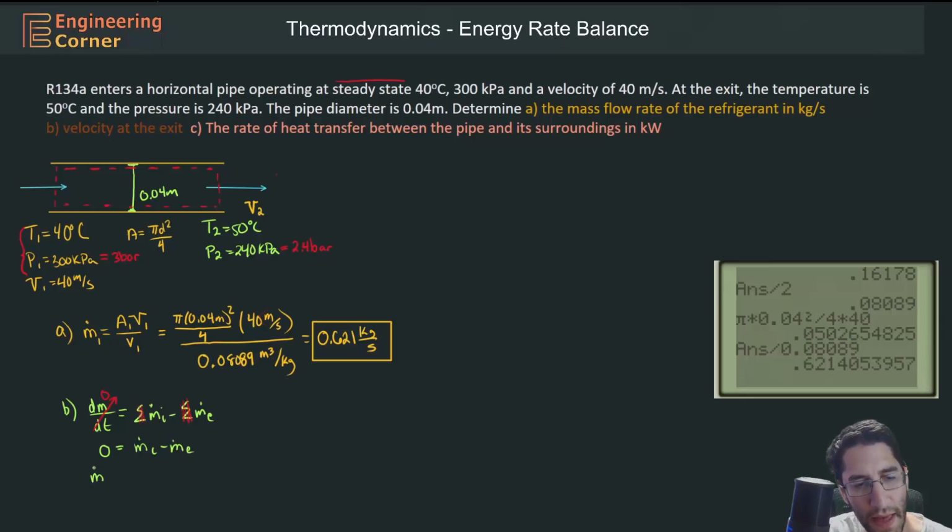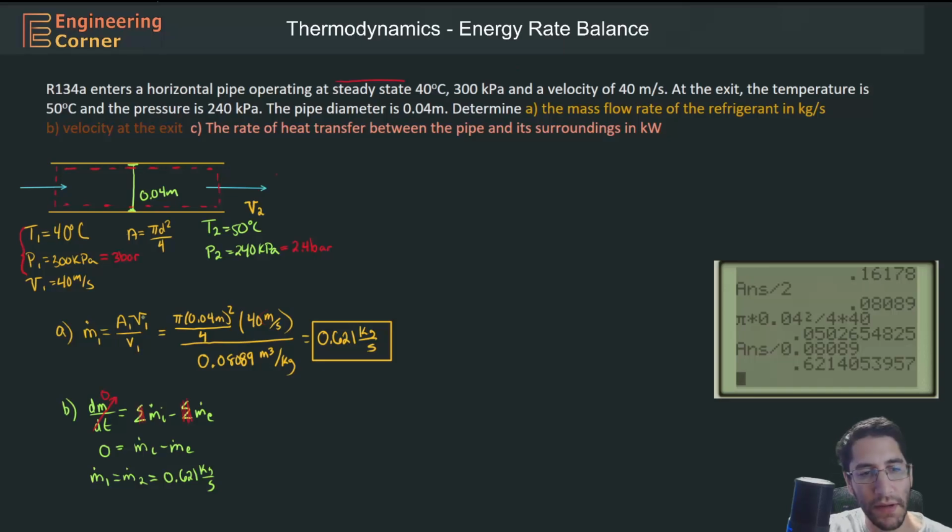That means m dot 1, my inlet, is equal to m dot 2, my outlet. So we just found that this was 0.621 kilograms per second.